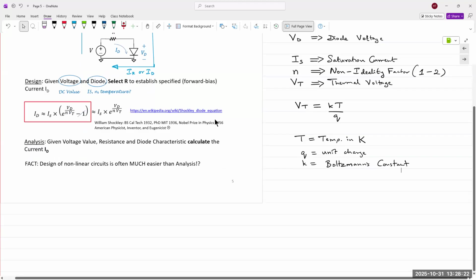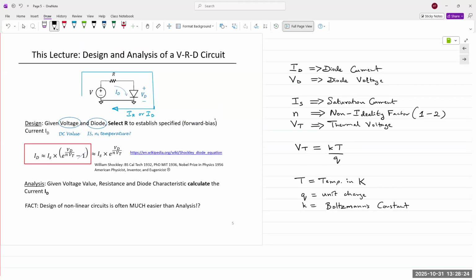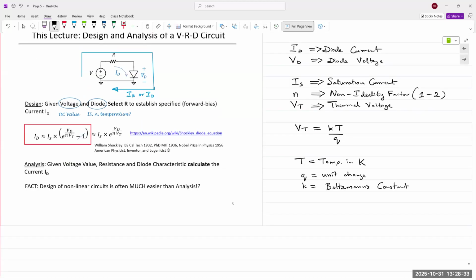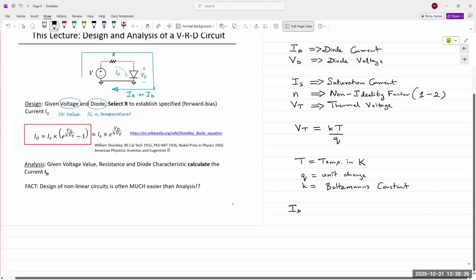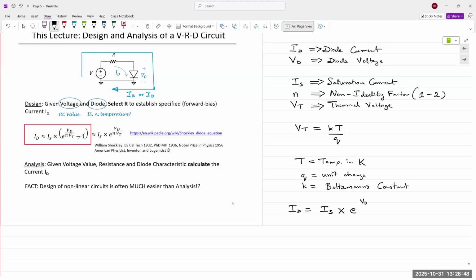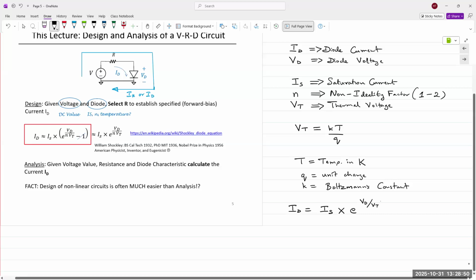All right, so that is the diode equation. For most applications, we can reduce the equation by approximating it as ID equals IS times e raised to VD over VT.